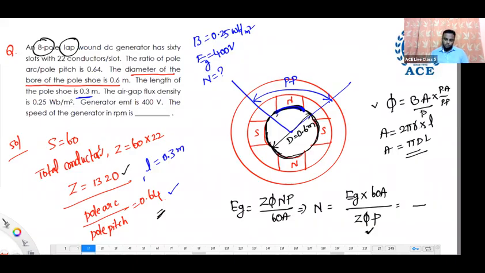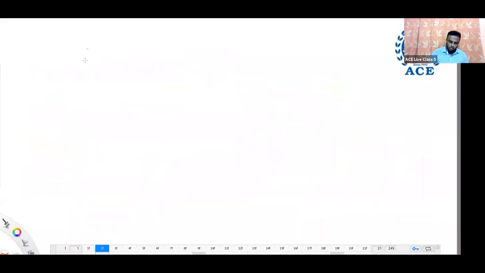Flux per pole. In the equation, whatever phi is there, that is flux per pole. That's why you have to divide per pole. This is total flux. You get the area with respect to pole arc by pole pitch, and again divide by poles. First, see here: flux equals B into A into pole arc to pole pitch.